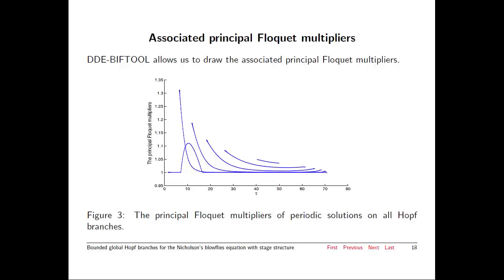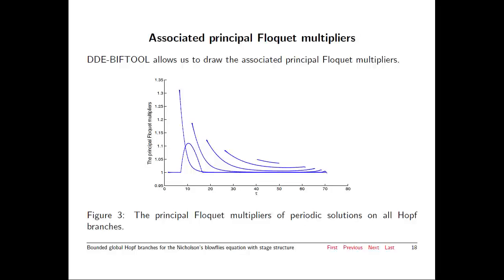As my supervisor told me, maybe there is another type of bifurcation occurring here. So in that part, you do have two stable periodic solutions coming from different bifurcation points.